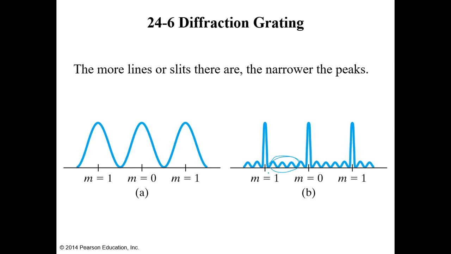So some of those maximum points become smaller, their amplitudes decrease significantly. And so there are only certain regions where you actually do get constructive interference, and so the spacings between maximum points are further apart.